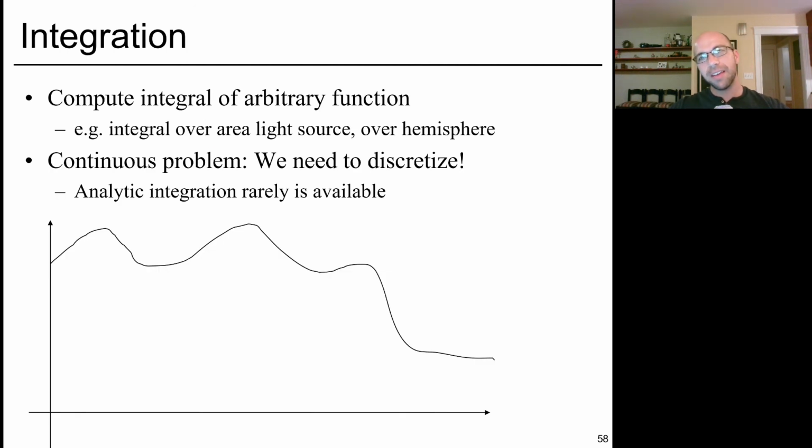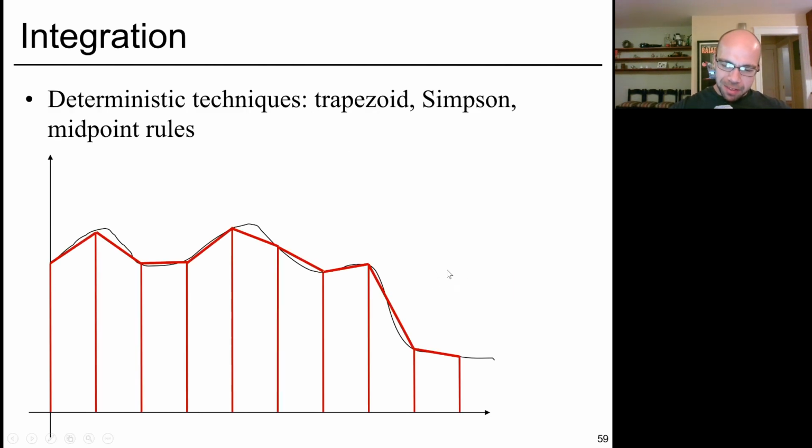So really, all we're doing is computing integrals, and we're doing it with a particular randomized strategy. The reason we're doing that is that rendering is a continuous problem, but computers are discrete. They only know how to do finite numbers of computations, so we have to discretize things. We rarely can compute analytical integrals, meaning that there's just some formula for the actual integral of our function dt. Now, you might remember from intro calculus class that you probably covered many different deterministic techniques, where you take a bunch of points, sample their values, and then approximate your function.